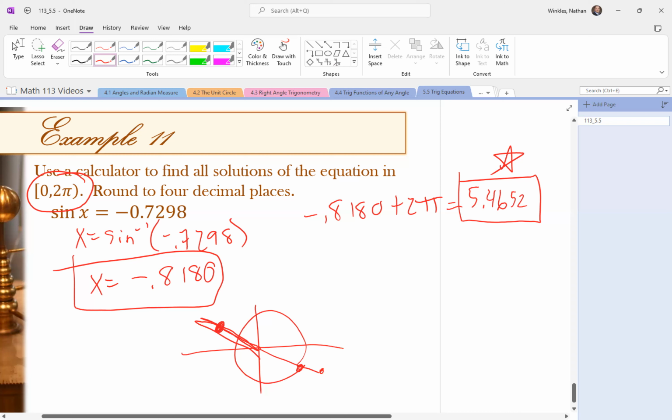So if I just add pi to it, that puts me on the other side. So what we really want to do is take pi minus a negative 0.8180, which is the same thing as pi plus it. And therefore we get 3.9596. And that is our other value.